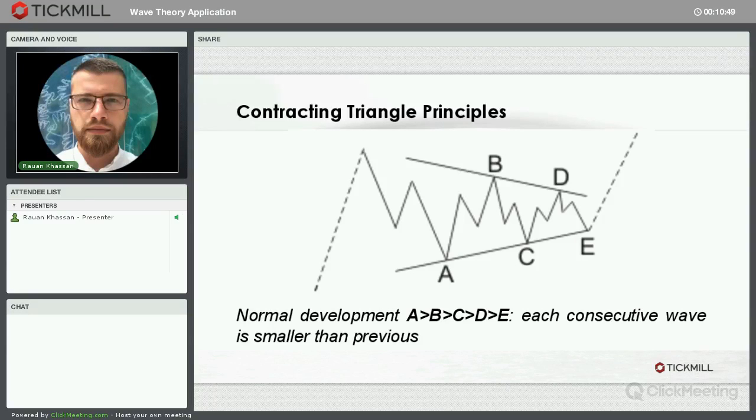Wave B is a bit shorter than it, but longer than wave C. Another peculiar distinction of this symmetrical triangle pattern is that it contains 5 overlapping waves that subdivide into 3 particles.